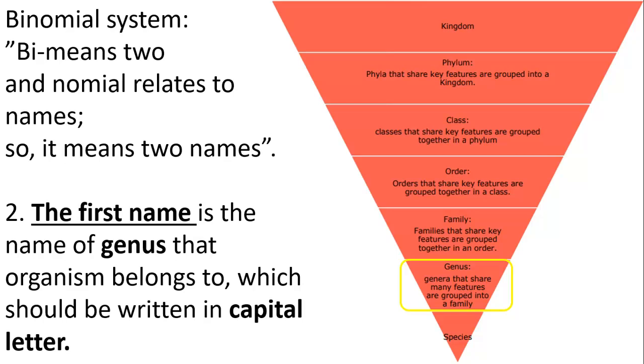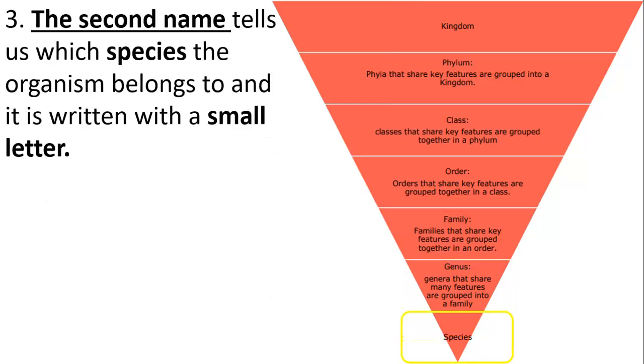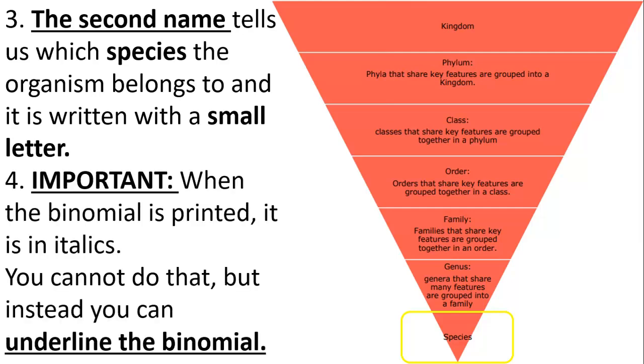The first name is the genus name, so it is always capitalized. Always remember the genus is capitalized. And then the second name comes the species, and it's in lowercase letters. So we start with the genus and then the species. It is important to know that if this binomial name is printed, it will be underlined and in italics.